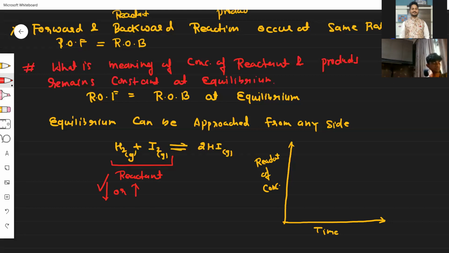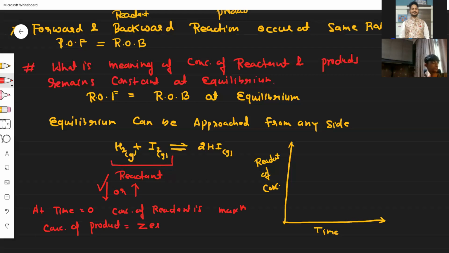Because at the beginning, at time equals zero, whose concentration is maximum? Concentration of reactant is maximum, and concentration of product is zero, because it has not started the reaction at all.